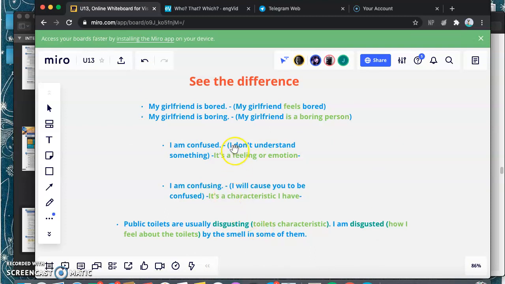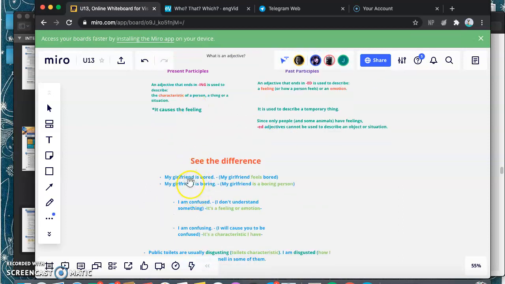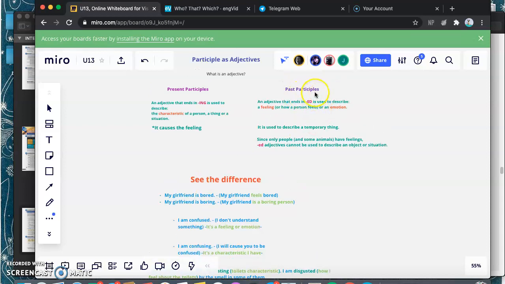For example, I have some examples here. If I say that my girlfriend is bored, with ed, that's a past participle. I'm saying that she feels bored. That's an emotion, that in this moment she feels bored.